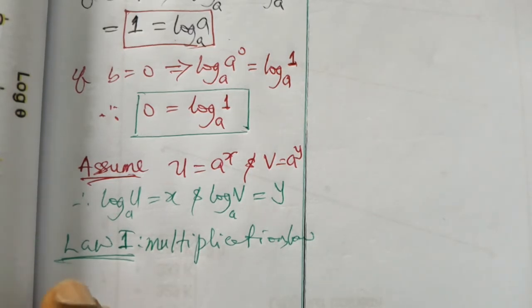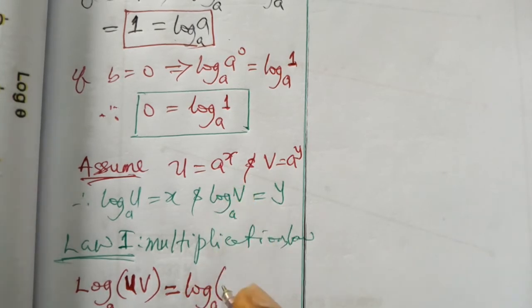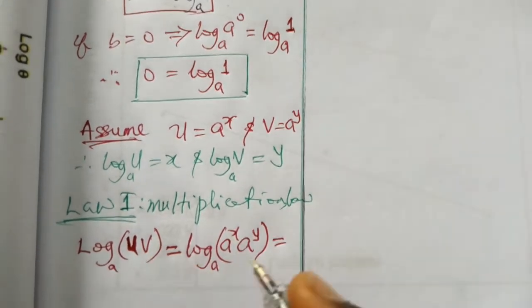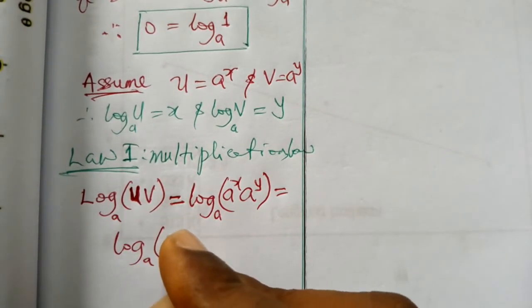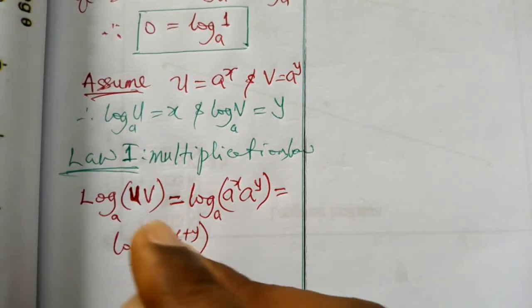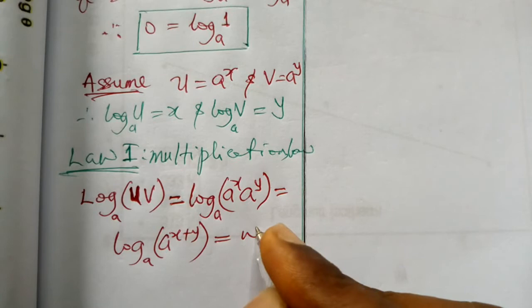So if we have log of uv base a, let it be equal to w, but it's equal to log base a of a^x times a raised to power y, which is log base a of a^(x+y). But let us assume that it's equal to w.